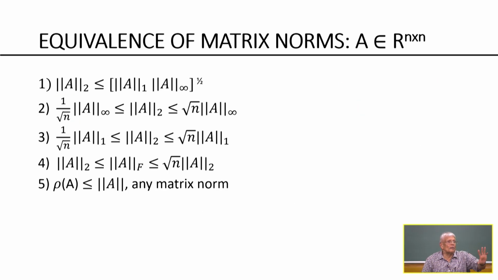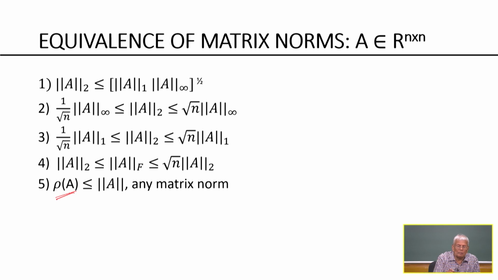Just like the vector norms, the matrix norms are related. So if I have a 1 norm, I can bound the 2 norm. The 2 norm is less than or equal to the square root of the product of the 1 norm and the infinity norm. Please understand, to prove these things is a one semester course, but you need to know all these results when you want to deal with that.